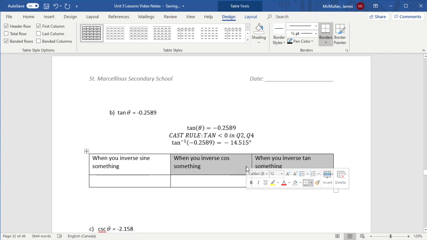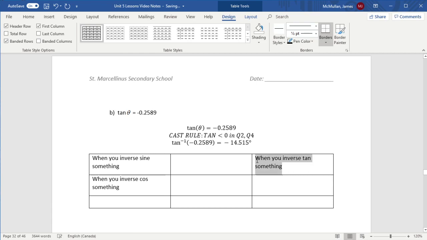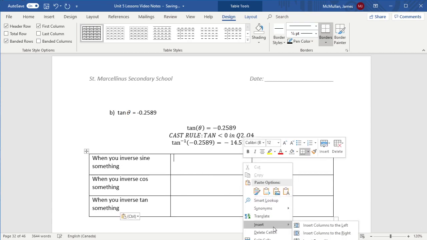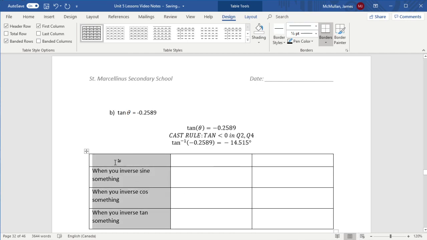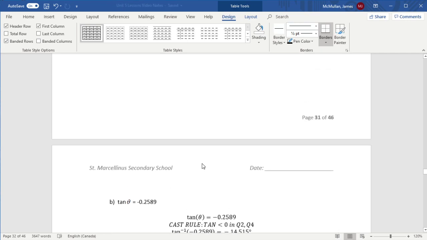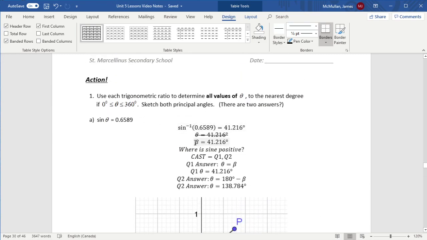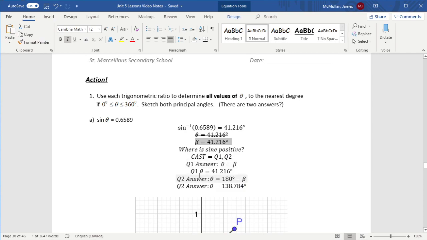Let's put it here and insert a row above. Let's say action, positive or negative. If you inverse sine a positive number, think back to what we did up here, it just tells you beta.